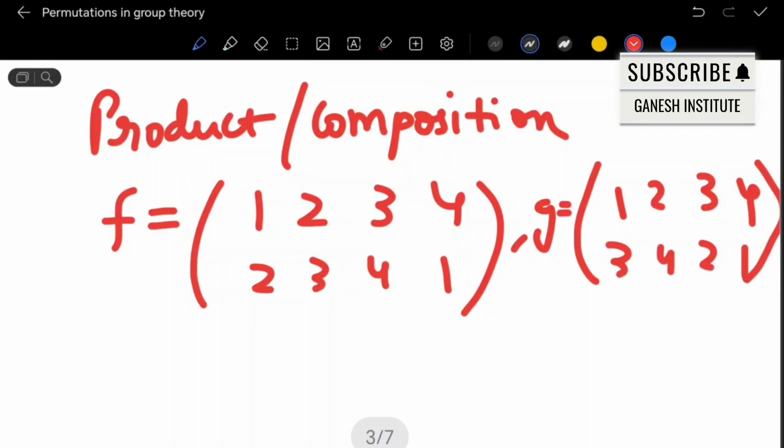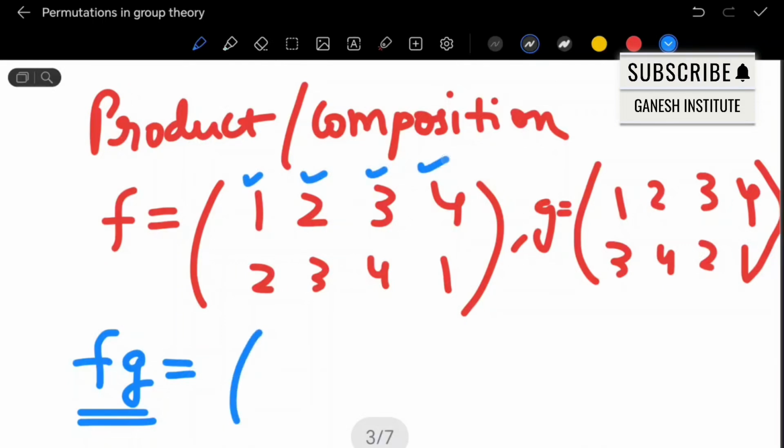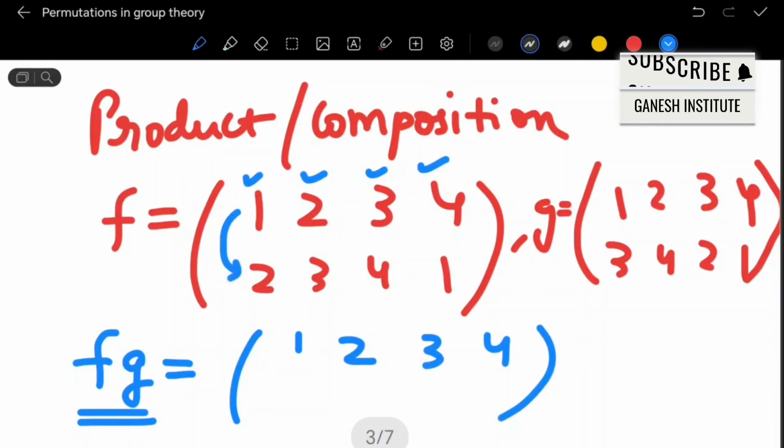Now if I have to find out FG, that is F composition G or product of these two permutations, what I'm supposed to do? Write these 4 elements as it is, the first one. Now see, 1 is mapped with 2, but in the second one, because I have first as F, so the first element is from F here, and G is from the second element. So what have we got?